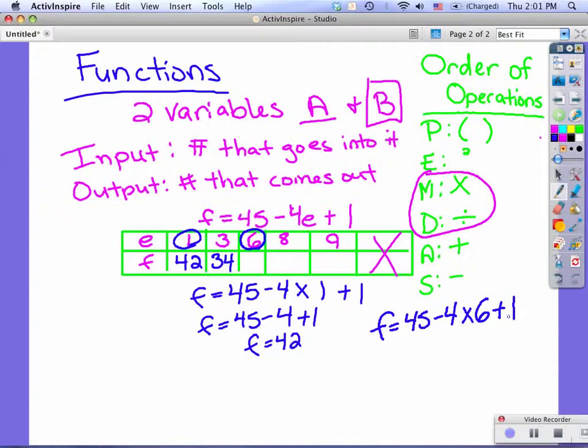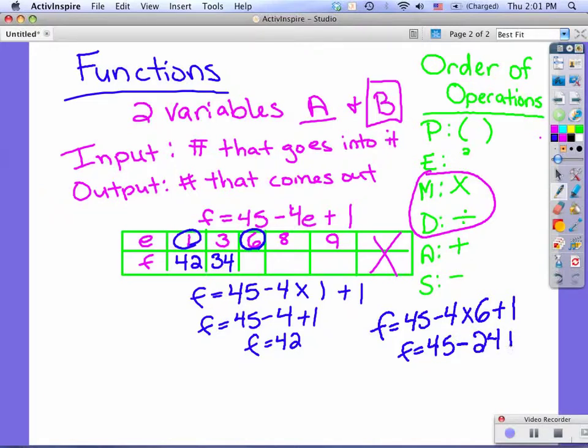My output would go below the 6. 45 minus 4. Do I do that first? What do I do first? Multiply first. So, here's my multiplication problem. 4 times 6. F equals 45. I don't worry about that yet, do I? Minus, what's 4 times 6? 24 plus 1.